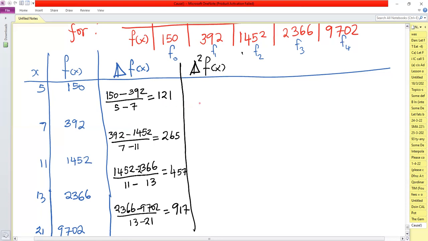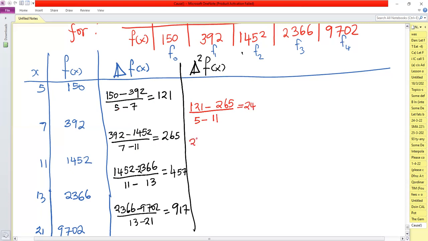So this first one will be 121 minus 265. For 121, the lower value of x was 5, so it will be 5 minus 11, which is the value here. When you work this out, you get 24.